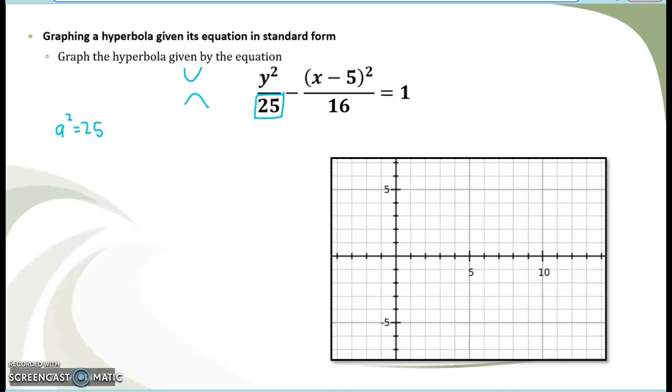The 16 is our b squared, so b squared equals 16, which means a equals 5 and b equals 4.